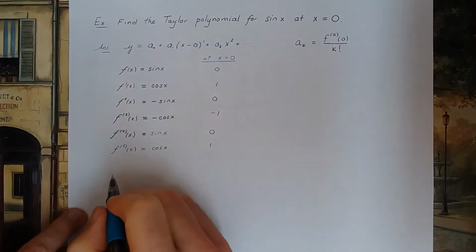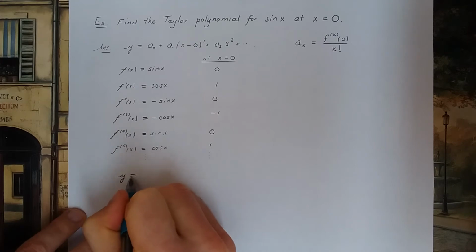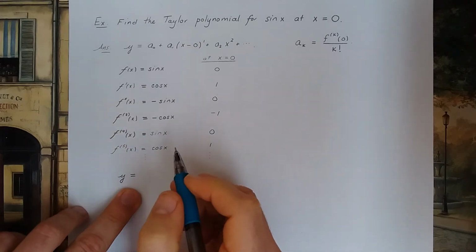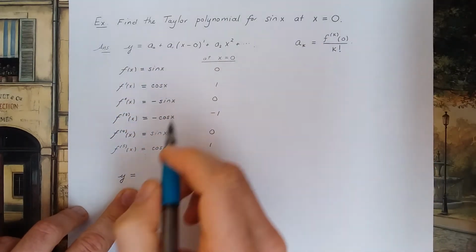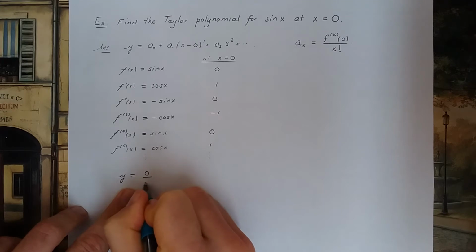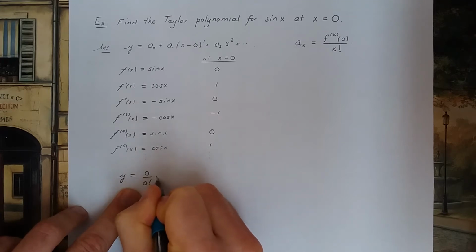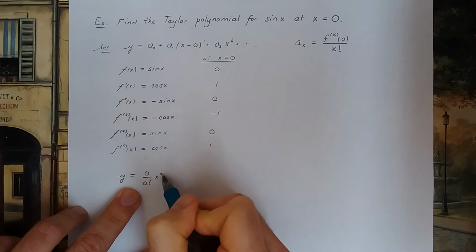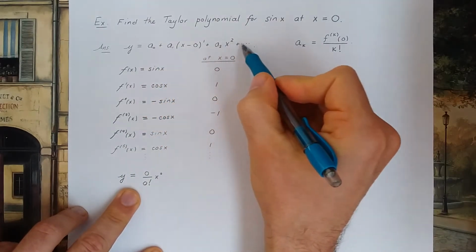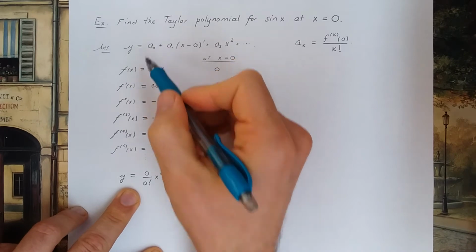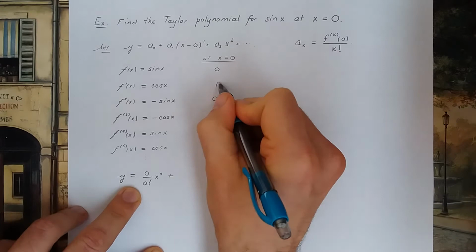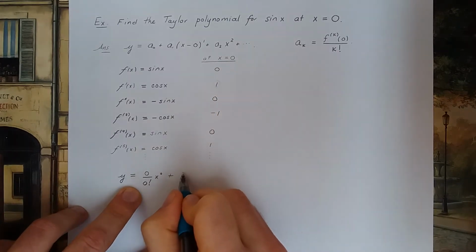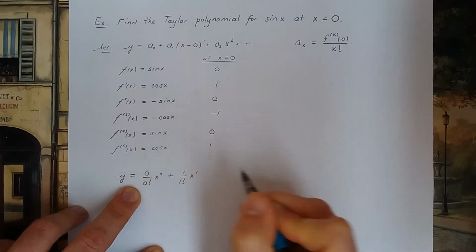So that gives me my Taylor polynomial. My function y is the 0th derivative, which is 0, divided by 0 factorial x to the 0. X to the 0 is 1. I kind of just put it in so it matched the other terms, but that's the first term. It's just 0. The next term, 1 over 1 factorial x to the first.